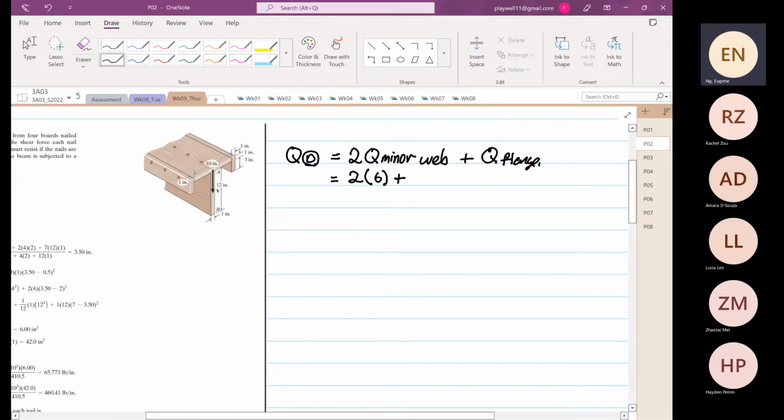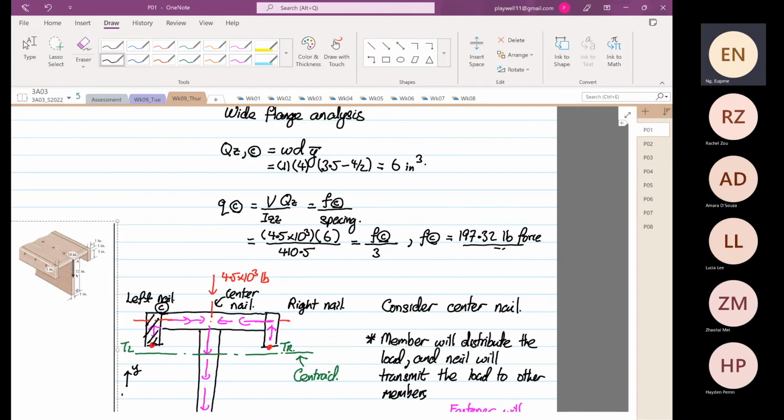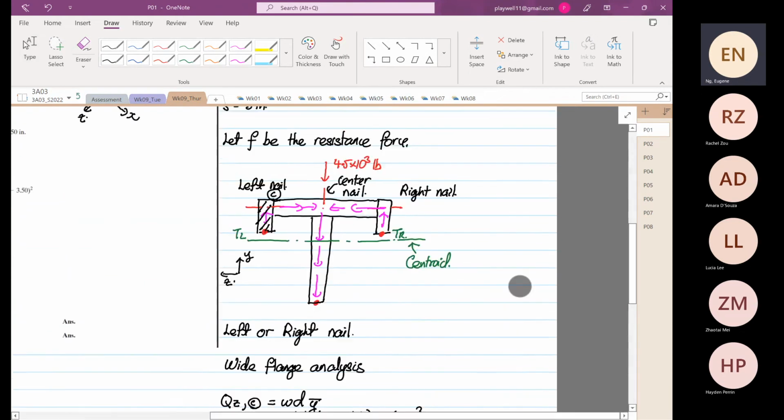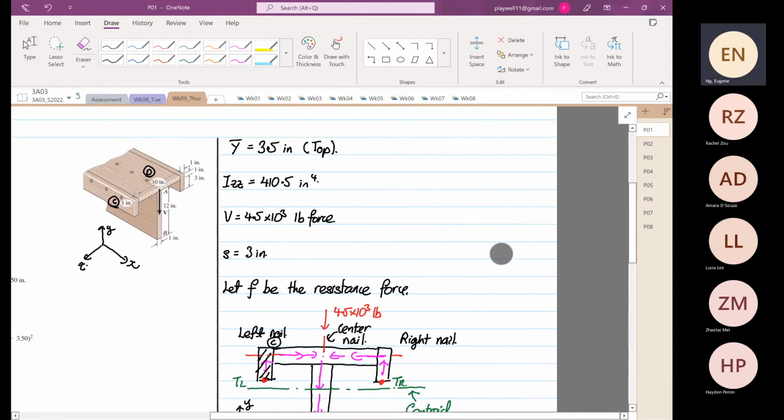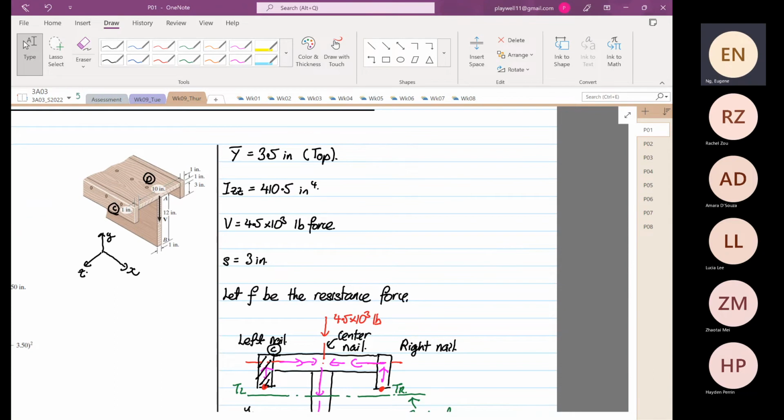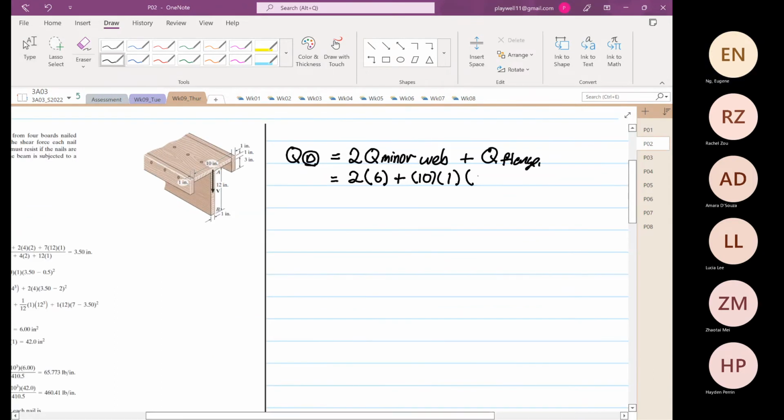Okay. So the flange, the width is 10. The depth is 1. The Y bar, let me go to the Y bar, is equal to 3.5. Okay, you can see that it's 3.5 minus 1 divided by 2.